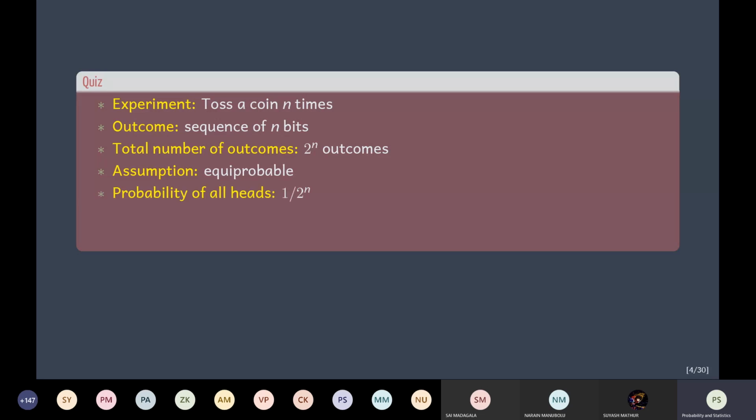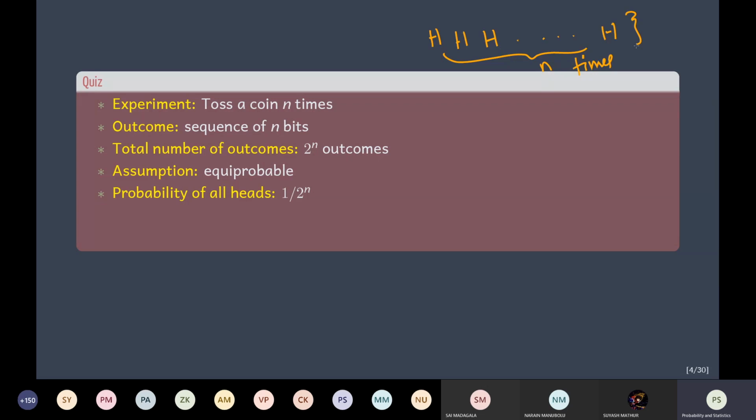There is no bias. So in this case, if we count the probability of getting all heads, all heads will happen when we have head n times. This is the only case where we get all heads, right? That's the only possibility.